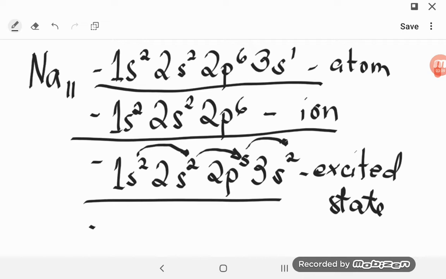These noble gases have a configuration which enables them to bond with other elements, which we will be discussing in the next videos. So in this case, the shorthand method for sodium would be like this. You need to know first the noble gas before sodium.